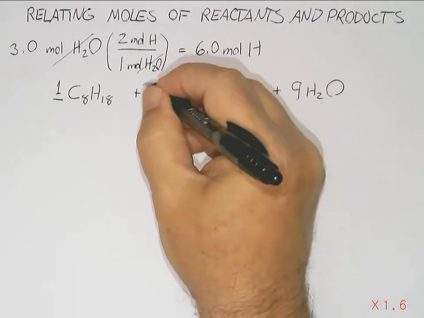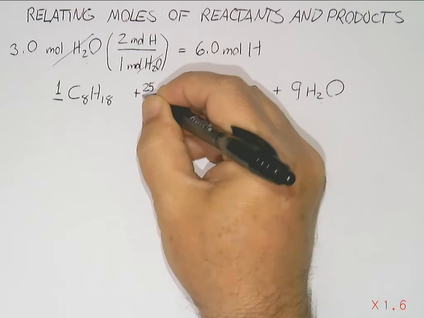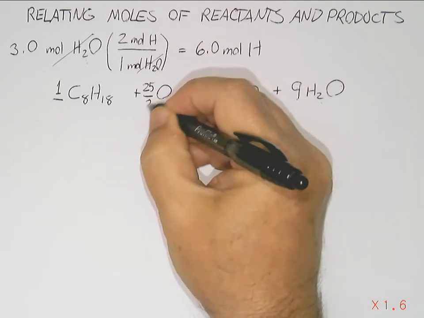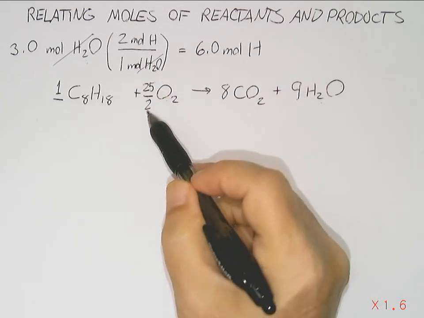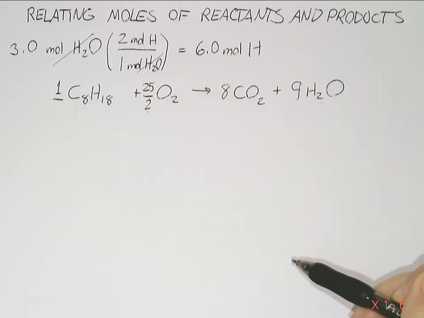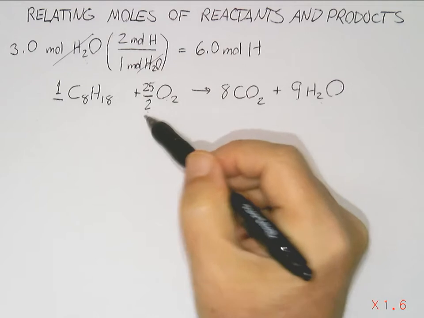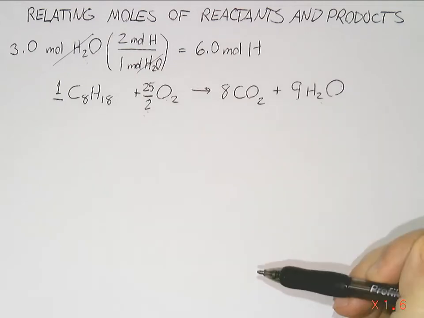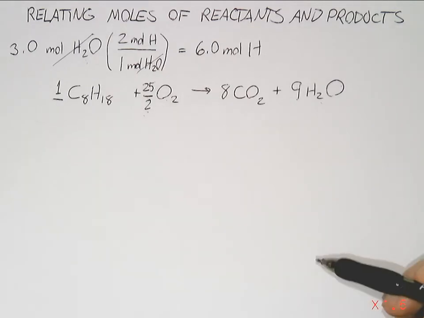What I'll do, and what we did in 6.1, is know that if I take 25 divided by 2, 25 halves, that will give me 25 oxygens here. Because 25 halves times 2 is going to be 25. So I've got this equation balanced and I can use it just this way.